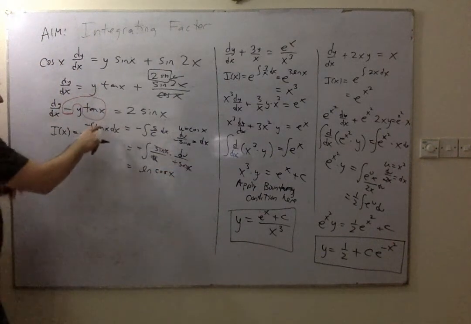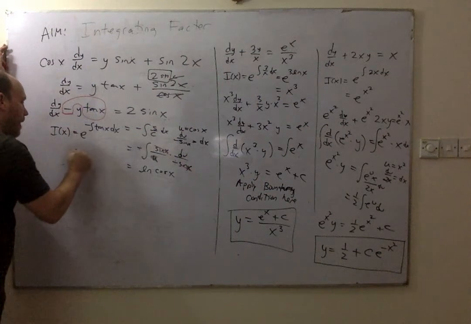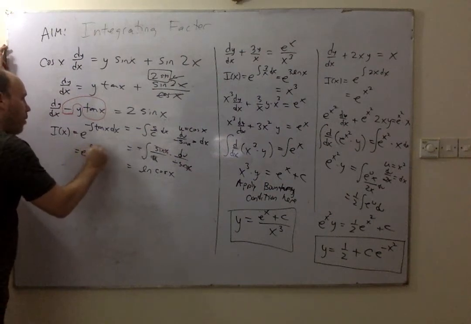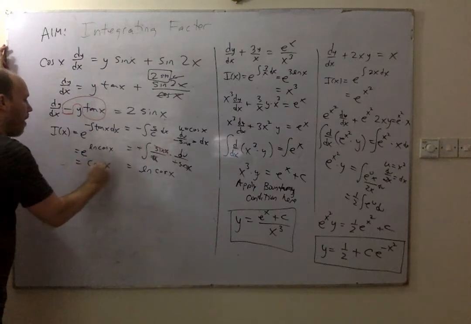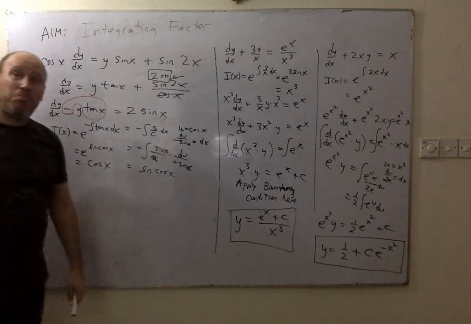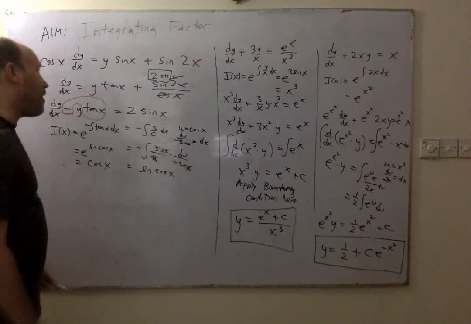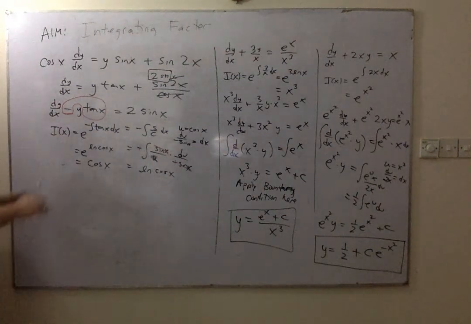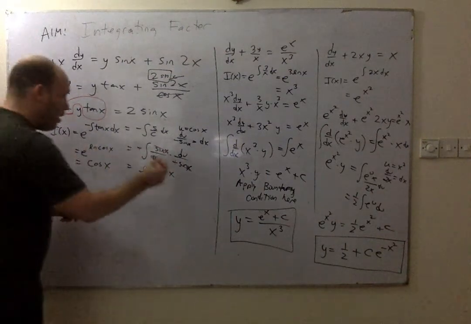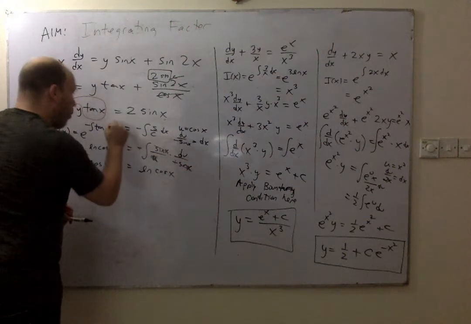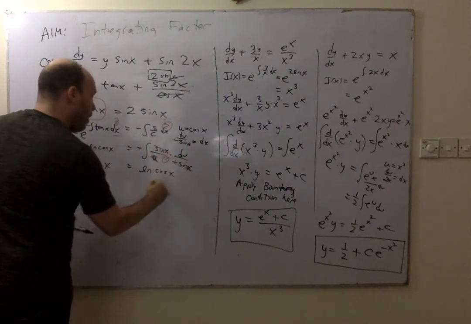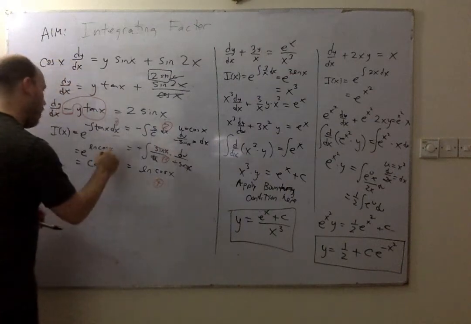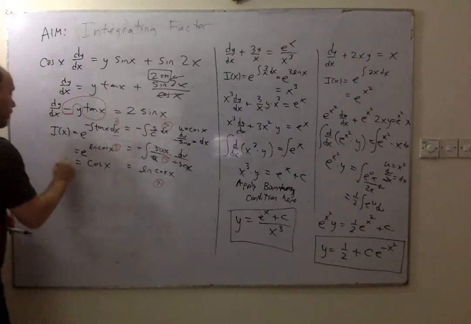Well, that's really convenient for us because this is e to the ln of cosine of x, which is equal to cosine of x. That works out really nice for us. Okay. Right? Does everyone see that? We figured this out. Like 1, 2, 3, 4, 5, and now 6.